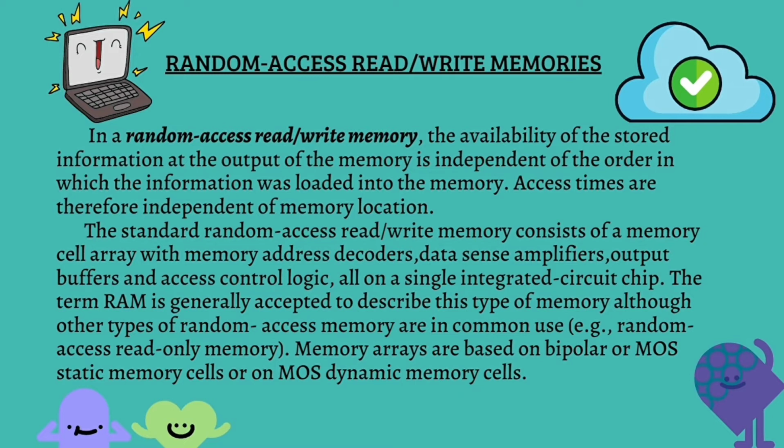The standard random access read-write memory consists of a memory cell array with memory address decoders, data sense amplifiers, output buffers, and access control logic, all on a single integrated circuit chip. The term RAM is generally accepted to describe this type of memory, although other types of random access memory are in common use. Memory arrays are based on bipolar or MOS static memory cells or on MOS dynamic memory cells.